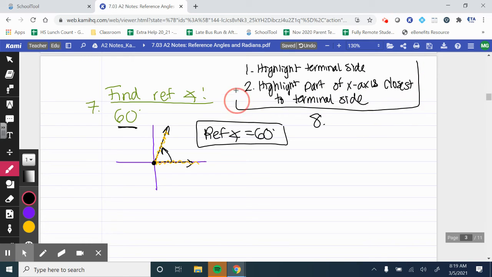And that is your reference angle. Okay, so again, I say x-axis because you're never, ever going to use the y-axis. You're always going to highlight or darken or squiggle out the x-axis.